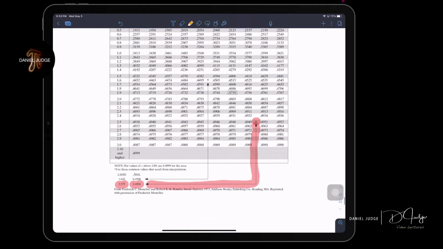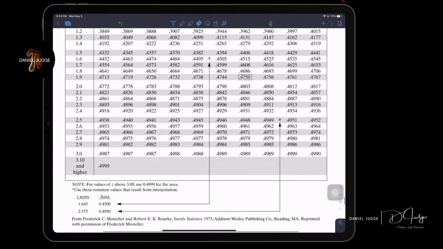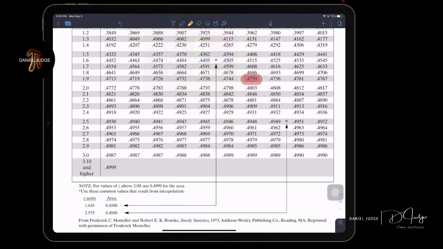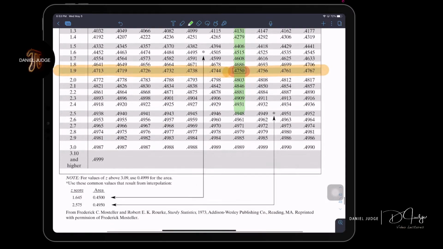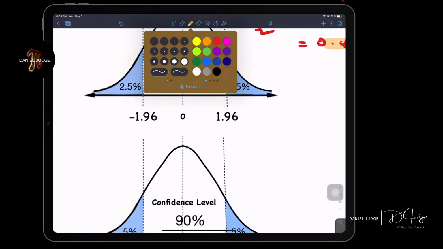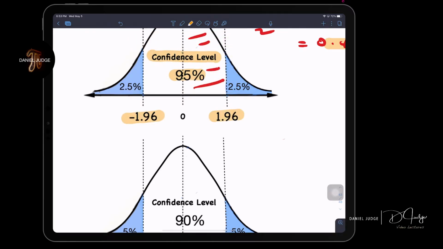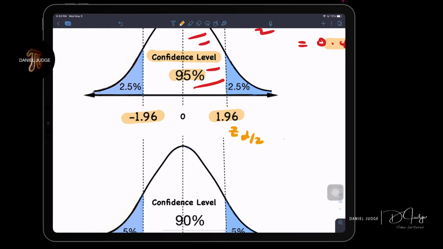If you remember that way of working backwards, it should be in your notes, we've done this. It was in the 1.9 row, 0.6 column. So 1.96 is the Z alpha over 2 value, and minus 1.96, and that's what we're going to use for the 95% confidence level here.